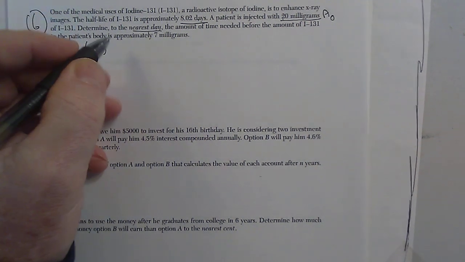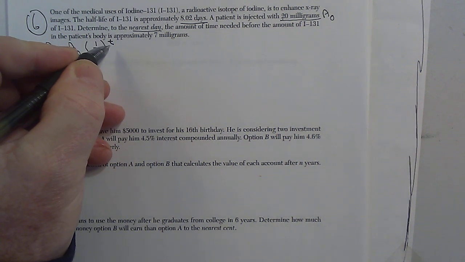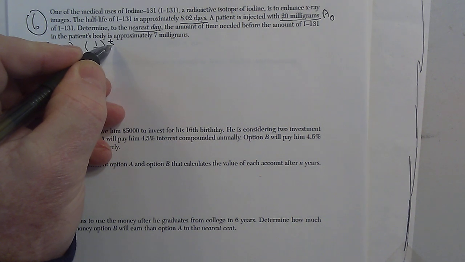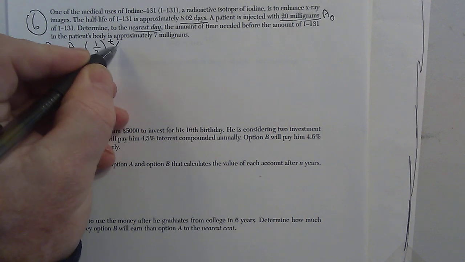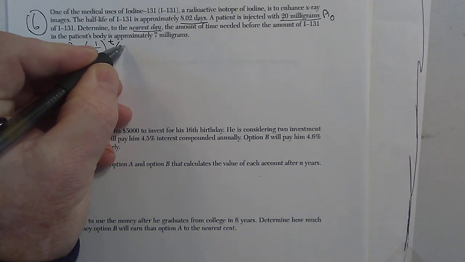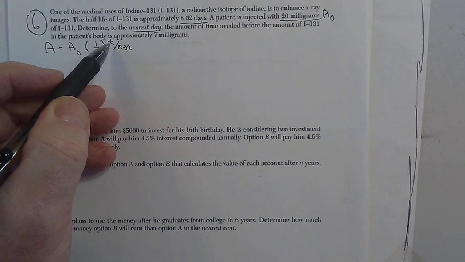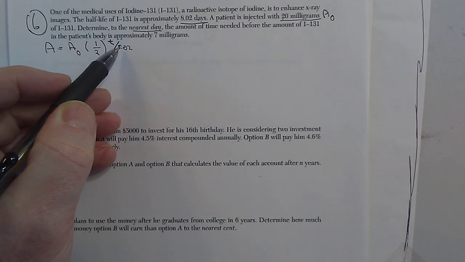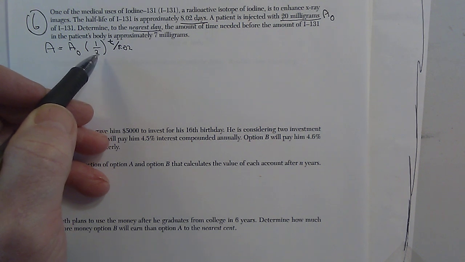Then you raise it to the number of half-lives you're going to have, but T will be in days, so you take the number of days and you always divide it by how long one half-life is, 8.02. So you take the total time and divide it into how many chunks of 8.02 you have, and that's how many times you'll multiply the original amount by 1/2.